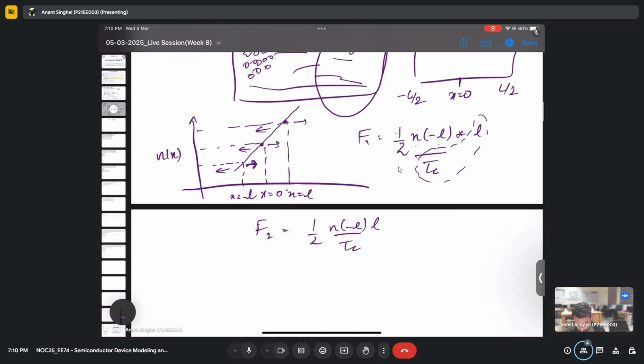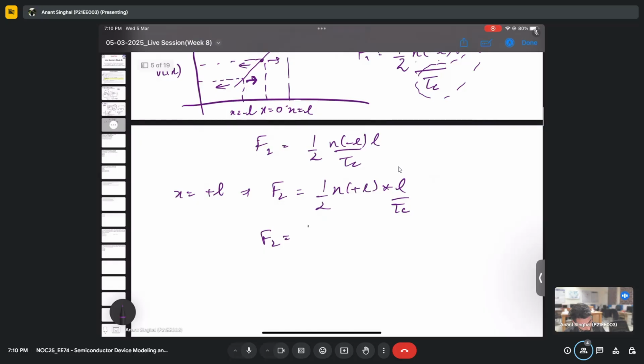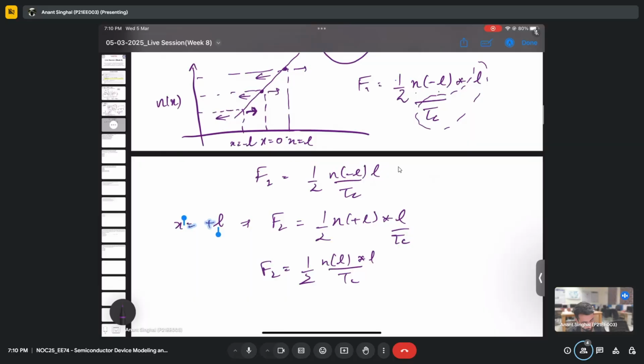Similarly, the average rate of electron flow at x equals to plus L will be half of n at plus L, the concentration, times L by tau c only. So the total flow will be similar, n at L times L over tau c. Now the net rate: there are some incoming, there are some outgoing.